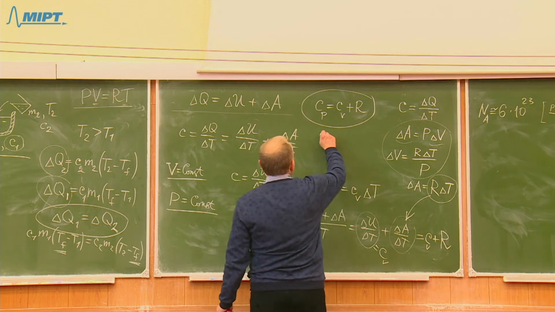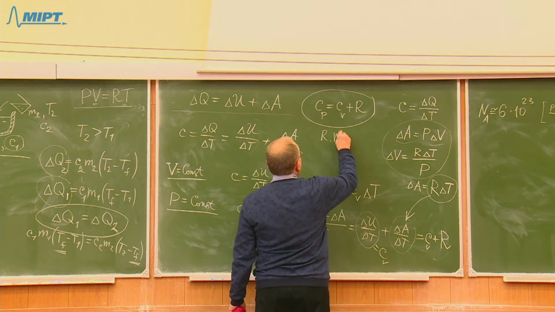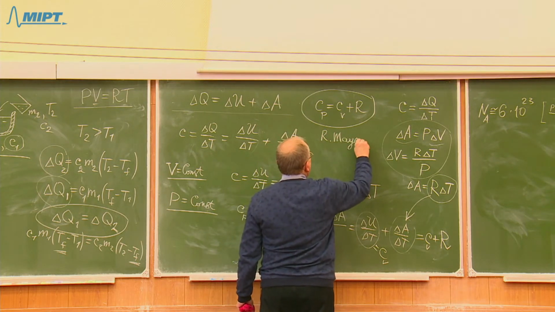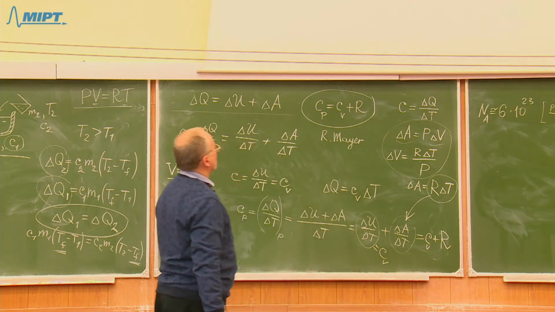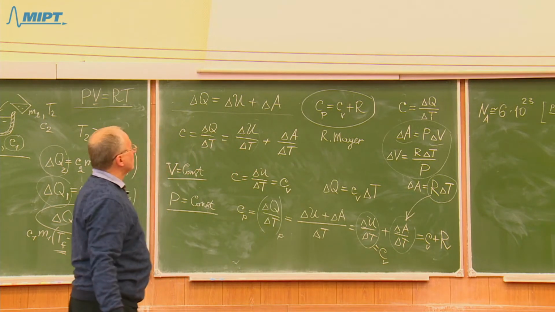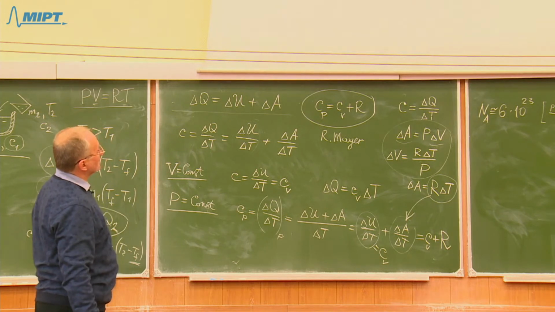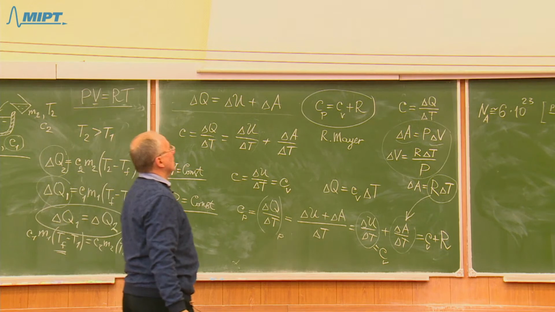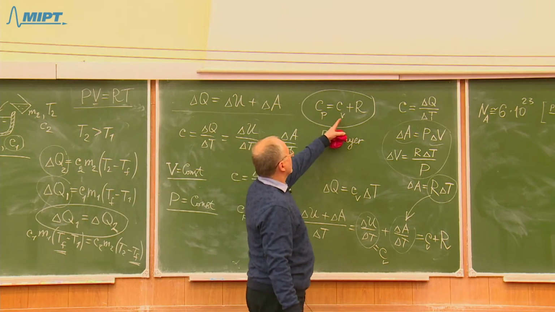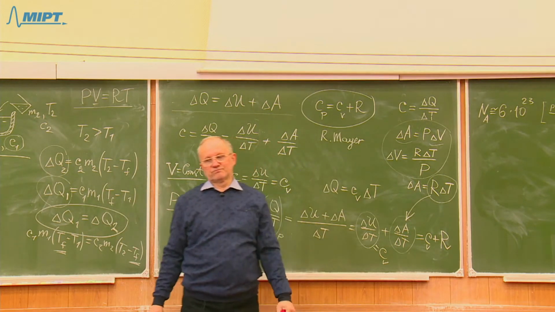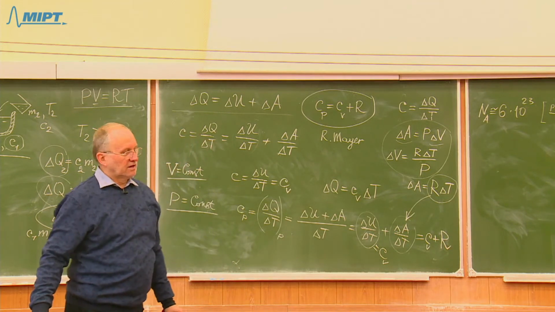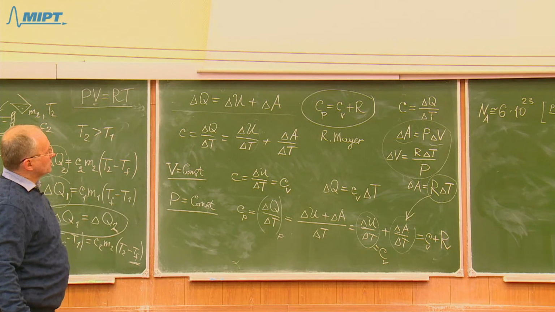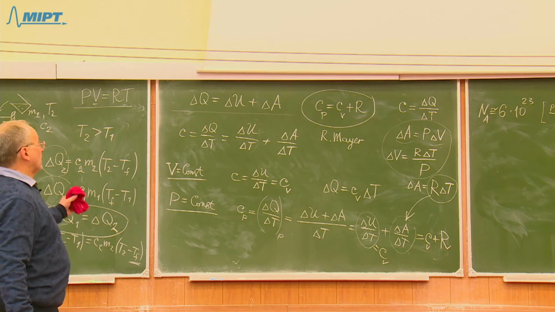This is a Robert-Meyer formula, a relationship between molar heat capacities of an ideal gas taken under constant pressure, this one, and under constant volume. This is a Robert-Meyer formula.